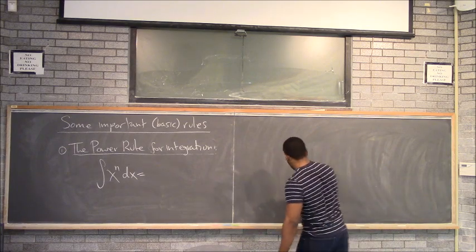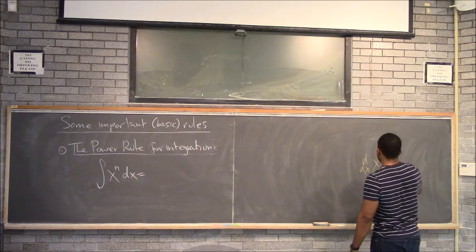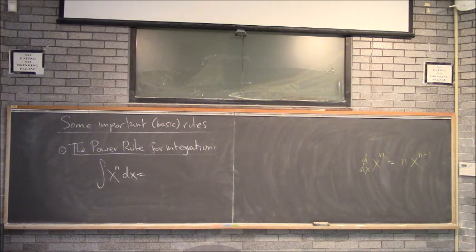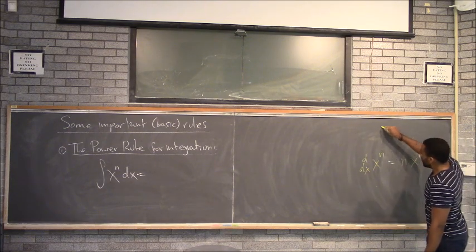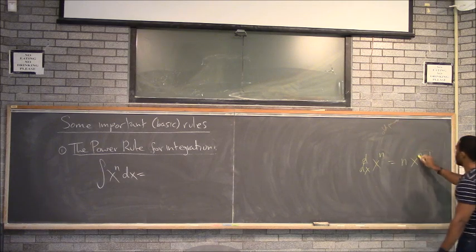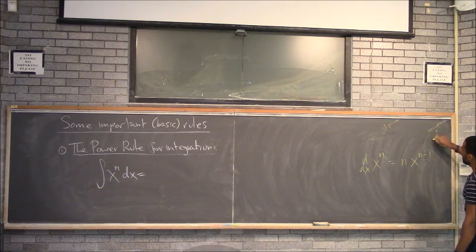We realized that when we're taking the derivative of x to the n, this gave us n x to the n minus 1. So notice here, this guy I can call the old power. This guy I can call the new power. How did I find the new power? Well, it was the old power minus 1.